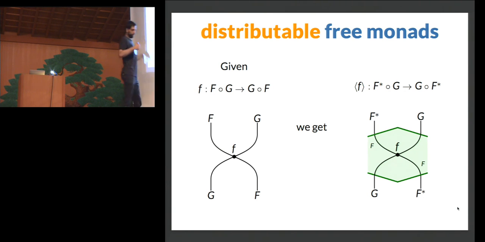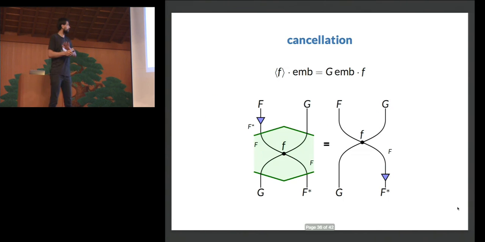And this operation of lifting this function to the distributivity of the whole monad will be denoted by this green honeycomb cell, right? This also has some interesting properties. We will not go into details, but let's just look at some pictures.